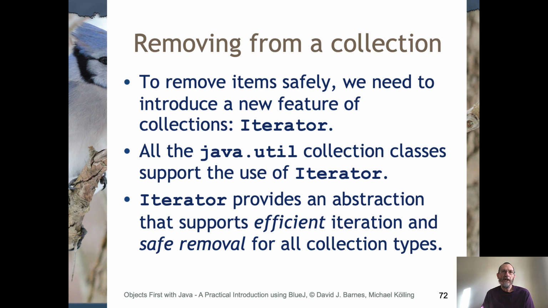But the implementation of iterator for a LinkedList takes that into account and is able to provide an implementation that is just as efficient over a LinkedList as it would be over an ArrayList. So the iterator abstraction is very powerful when we want both safe and efficient iteration over a collection.